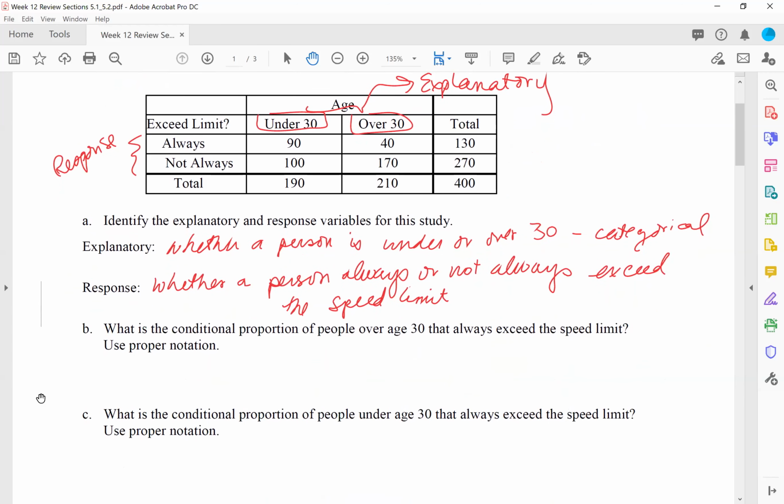We're going to consider group one. We're going to say that group one is the under 30, and group two is our over 30. So if we're finding the conditional proportion of people over 30 that always exceed the speed limit, how are we going to calculate that value?